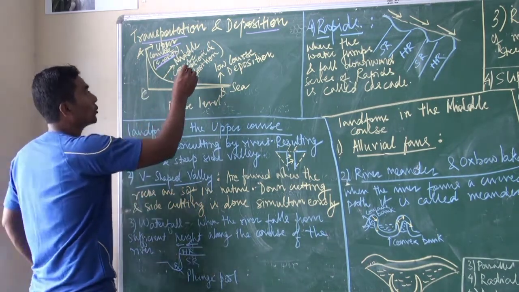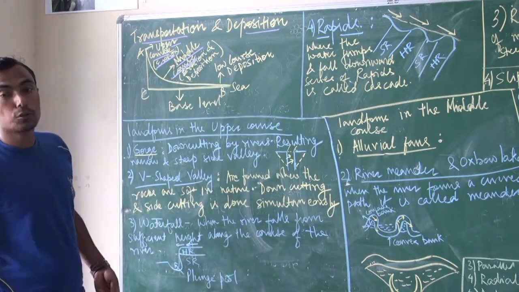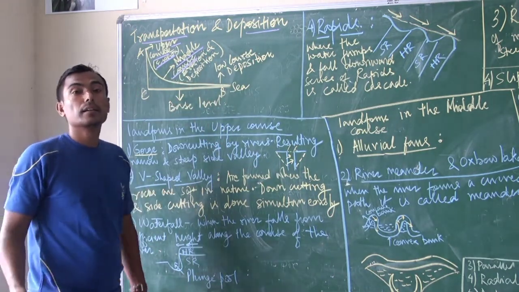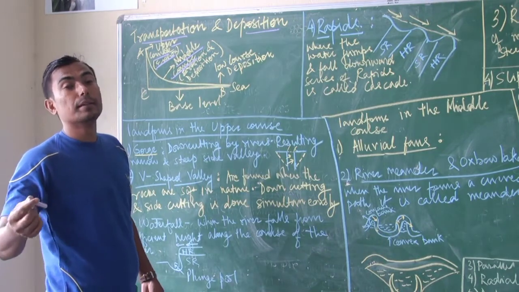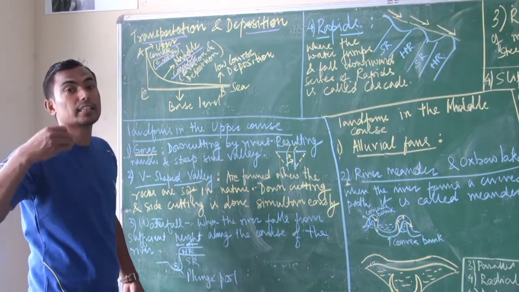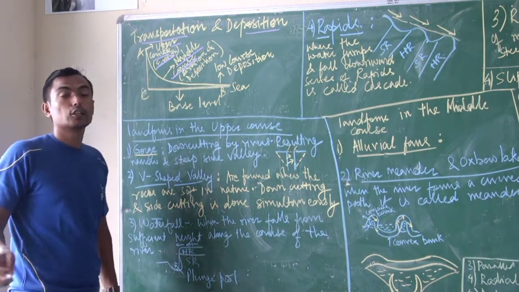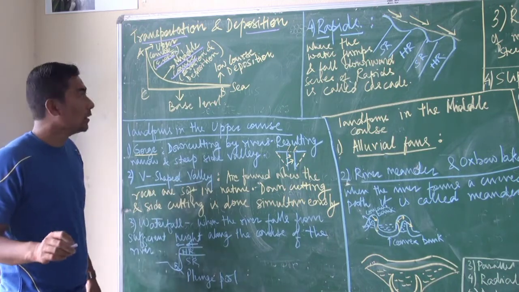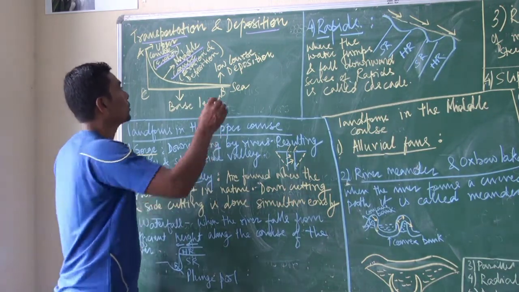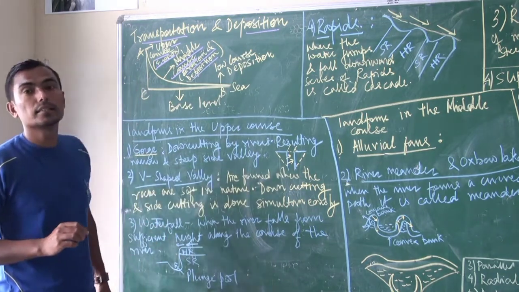The second is the middle course. The middle course means where the river flows from the hills and finally starts to enter the plains. Those areas are called the middle course. In the middle course, you find erosion and deposition simultaneously.